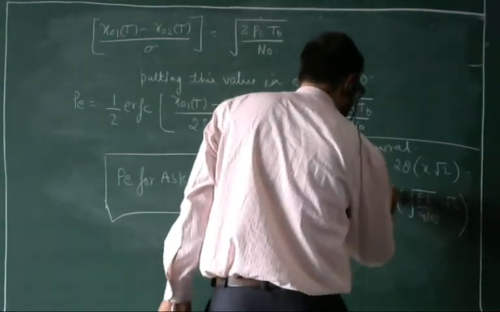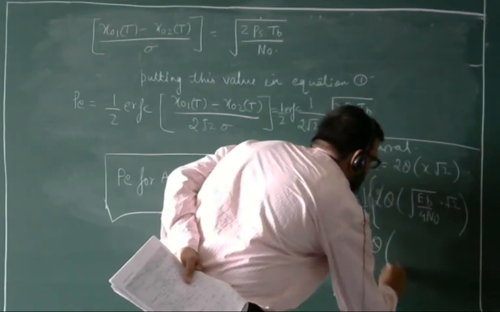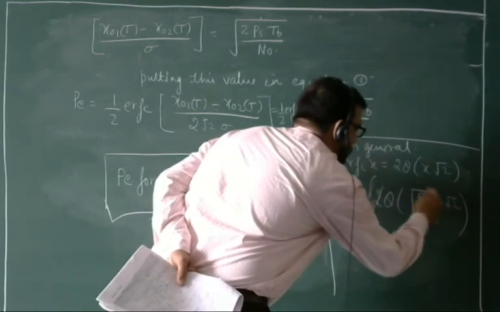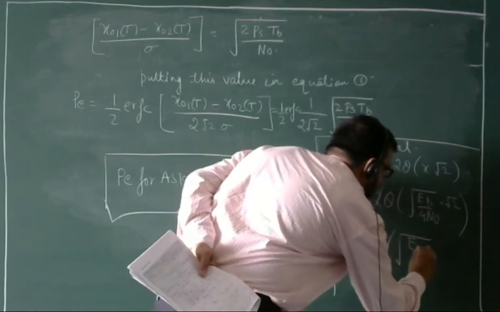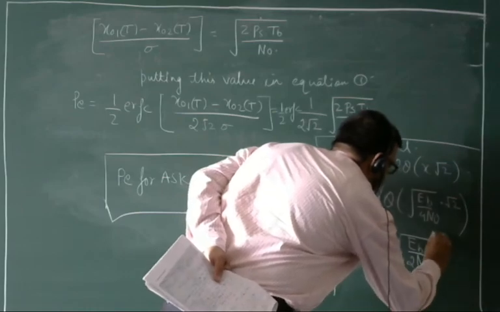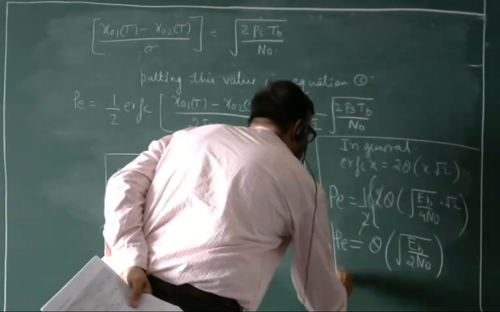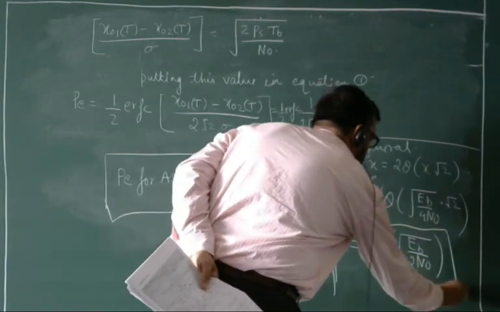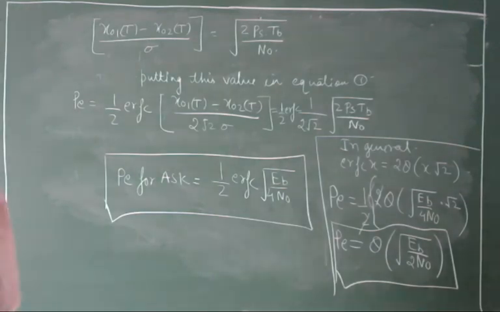This will cancel out, it is equal to Q, and inside the bracket under the square root we get Eb upon 2 N naught. This is finally the equation of the probability of error, Q under root Eb upon 2 N naught.